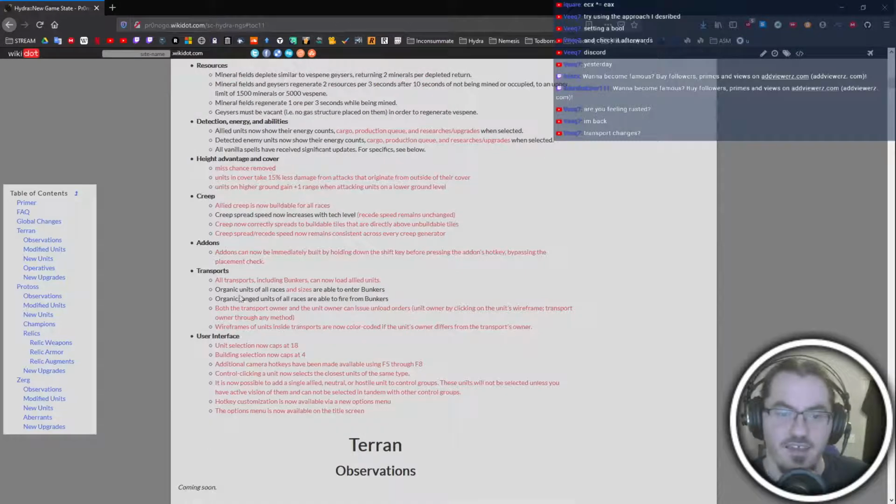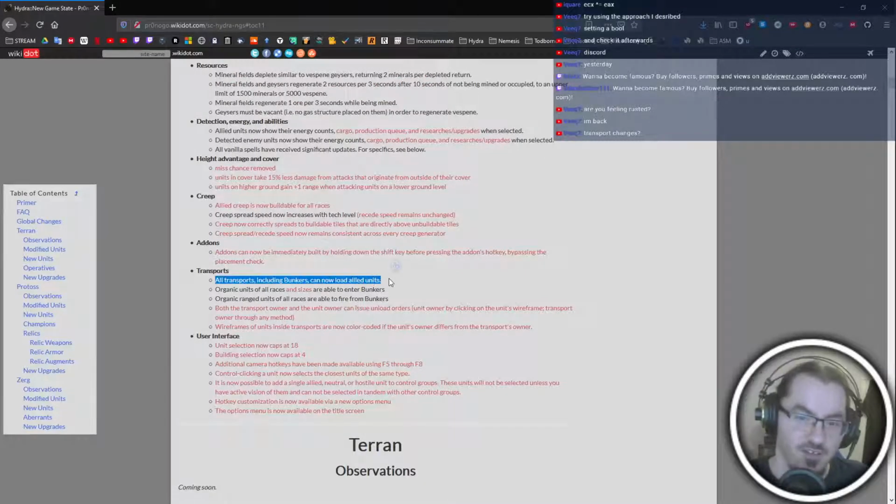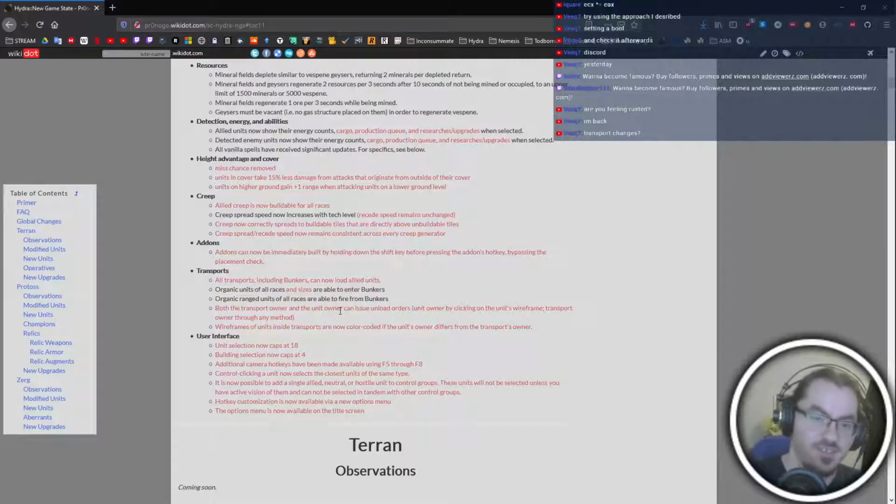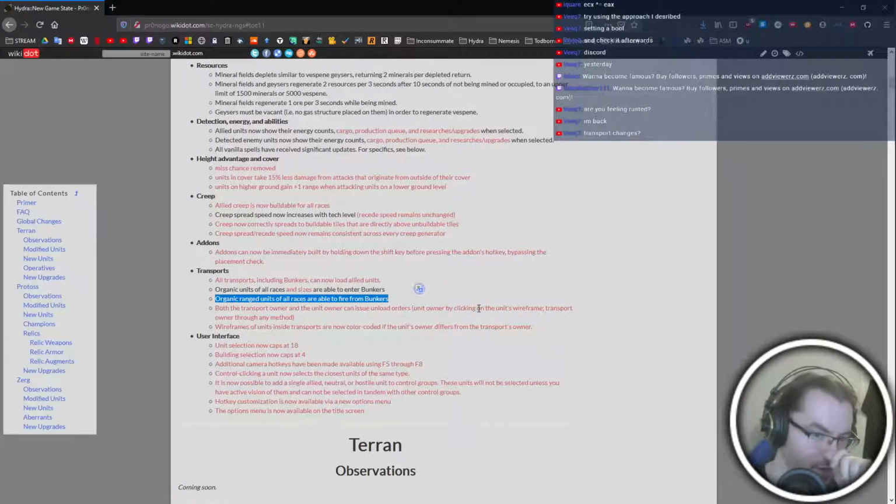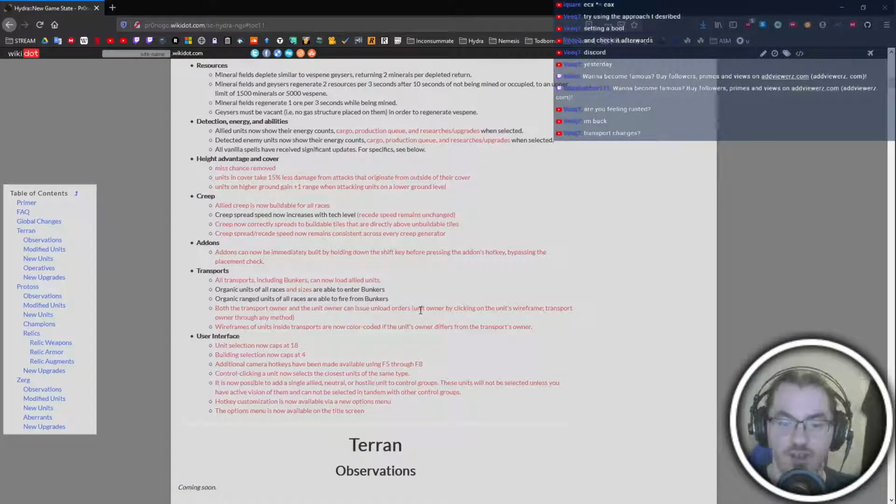So I added in all transports, including bunkers, can now load allied units. Organic units of all races and sizes are able to enter bunkers. Organic ranged units of all races are able to fire from bunkers. Both the transport owner and the unit owner can issue unload orders. Unit owner by clicking on the unit's wireframe. Transport owner through any method.